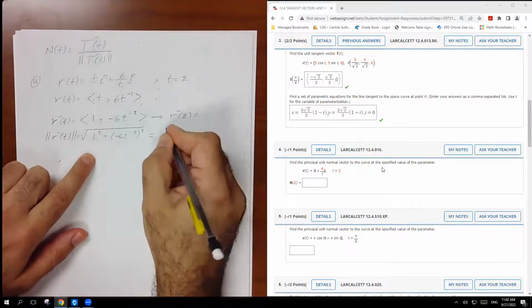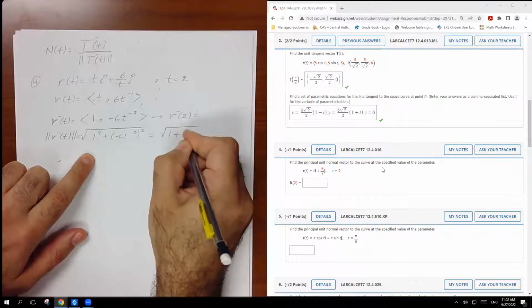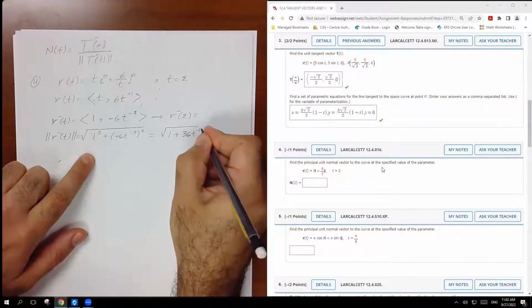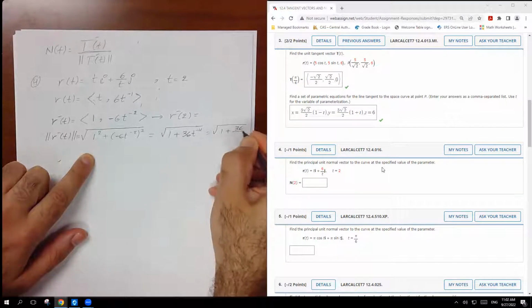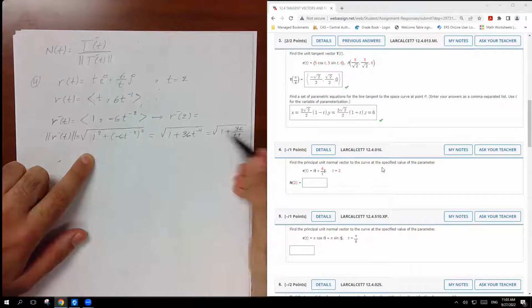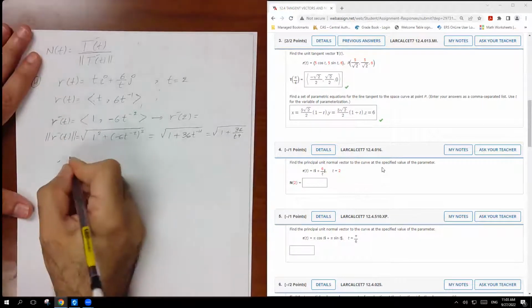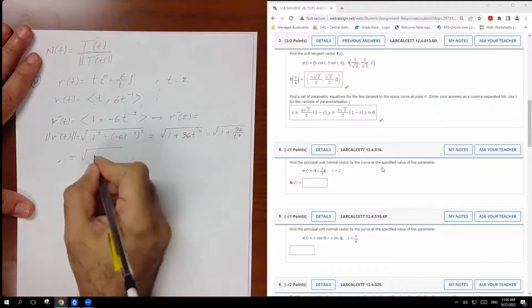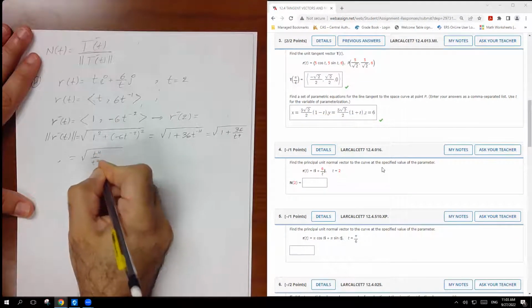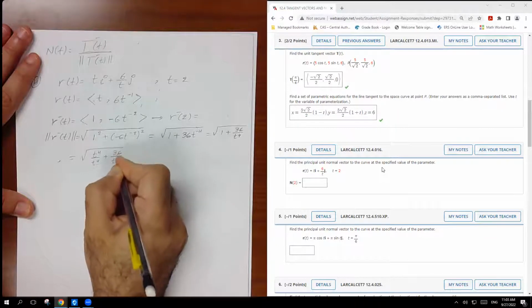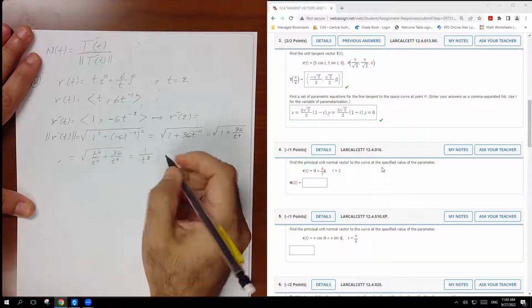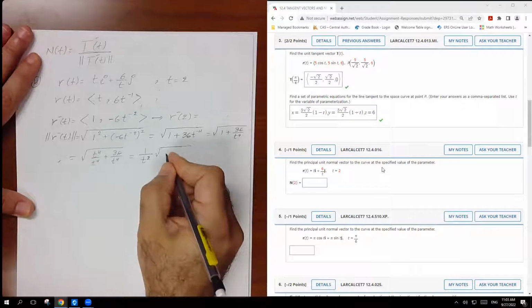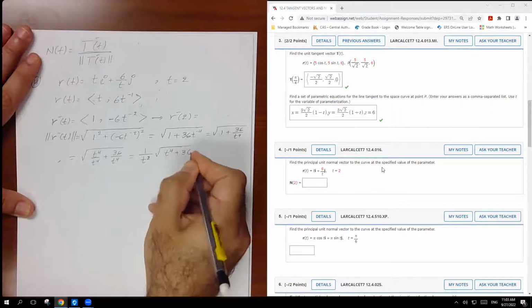So it's the square root of 1 plus 36 over t to the power 4. Make it a common denominator: t to the 4 over t to the 4 plus 36 over t to the power 4. That means this equals 1 over t squared times the square root of t to the power 4 plus 36. I can simplify it more.